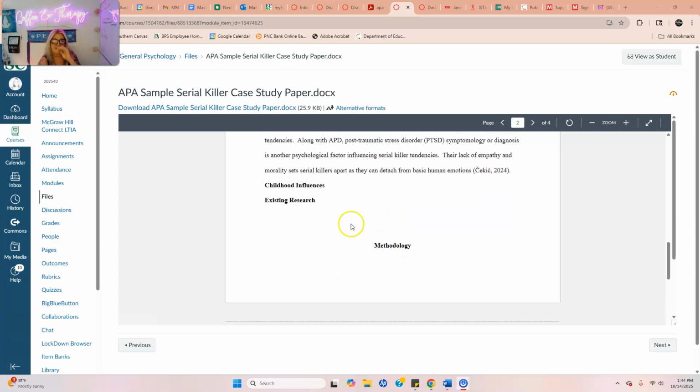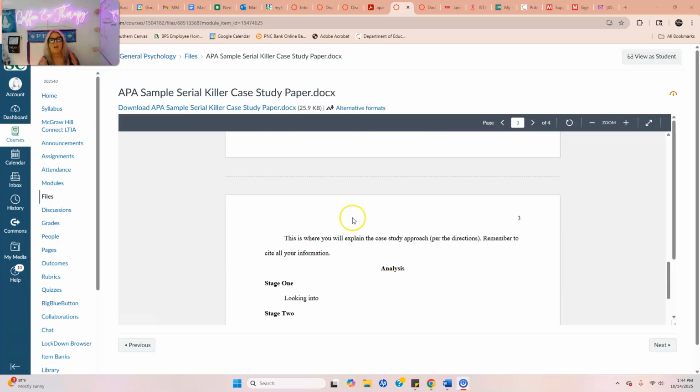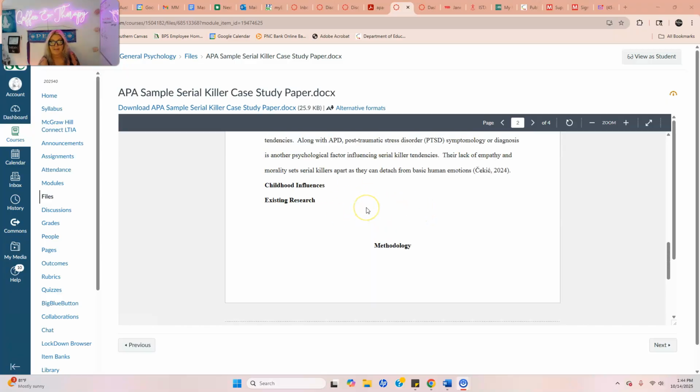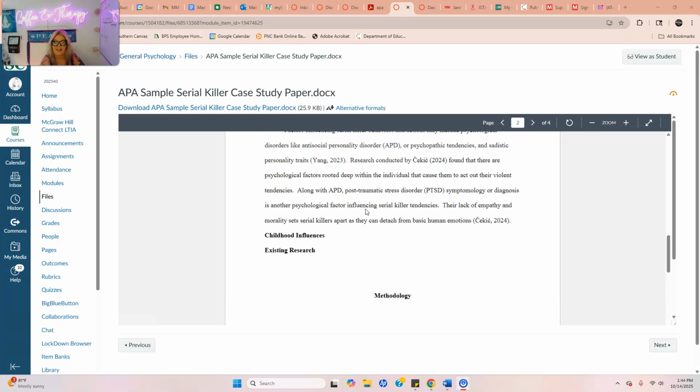Obviously it won't be in this case, but let's just say you ever have this situation. Yes, they want 1-inch margins all the way around. The exception to that is if there's an orphaned title. So what you would do is you would just space down once so that this would go to this page. That's the only time you're going to have extra spacing. That's not going to be 1 inch down at the bottom. So I hope that makes sense.